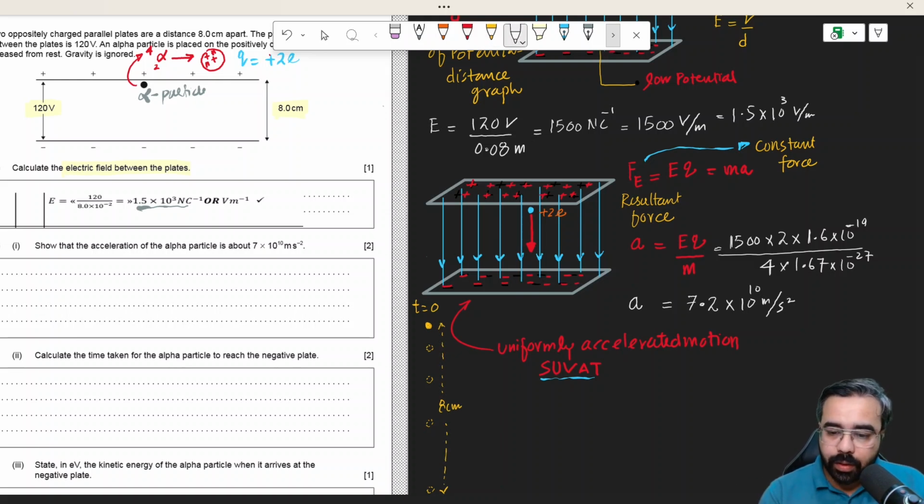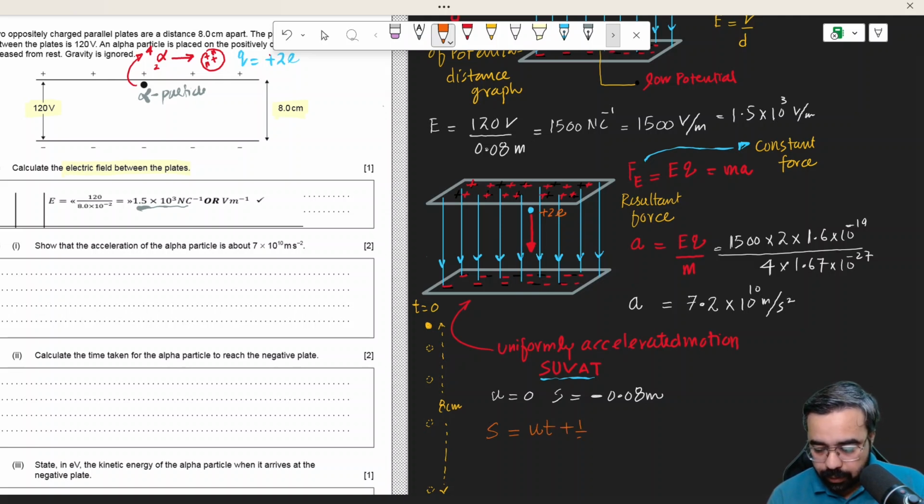If you want to find the time, what equation should we apply? We know its initial velocity is 0, and s is equal to negative 0.08 meter. You know the acceleration also. Which equation should we apply? I think it's obvious: s equals ut plus half at square.